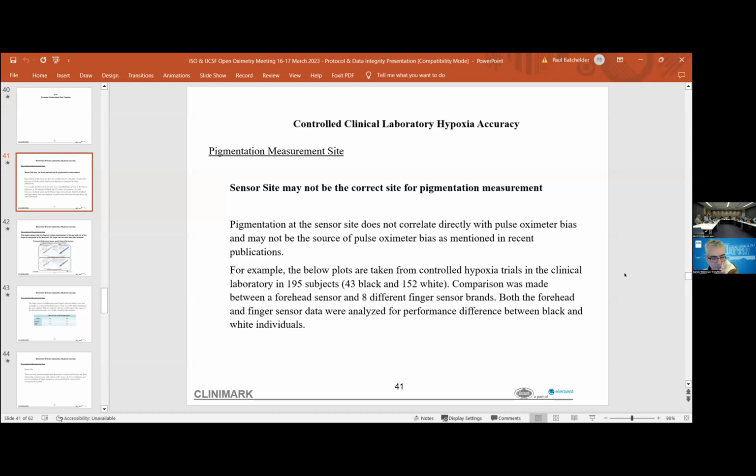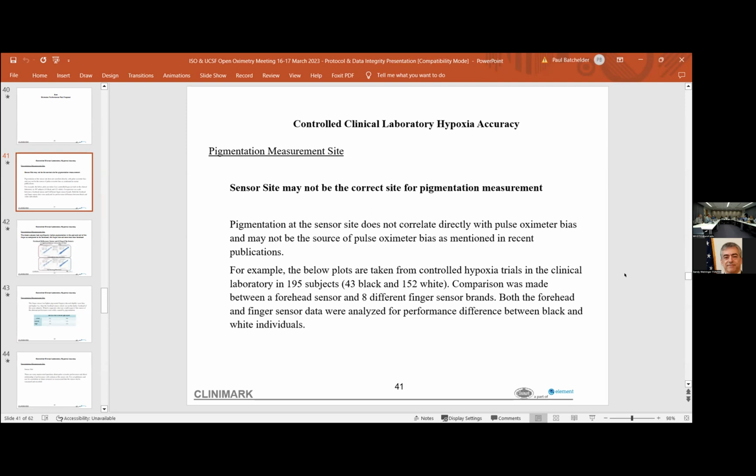Okay. What I'm talking about here is based on a large set of data, 195 subjects that were compared to co-oximetry, 43 deeply pigmented and 152 lightly pigmented. The sensor site may not be the correct site for the pigmentation measurement.